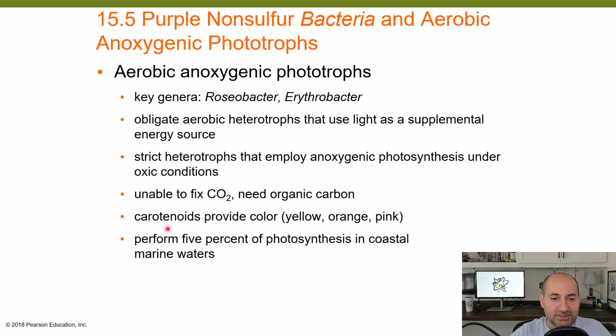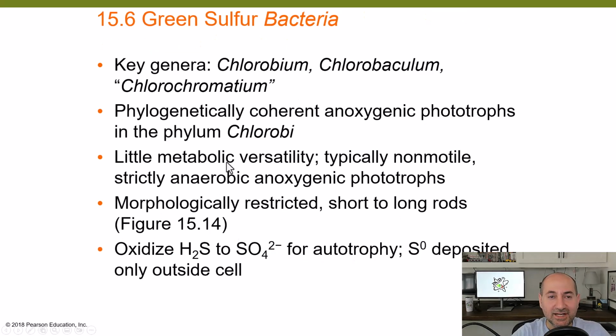Their carotenoids provide a yellow color, an orange color, even a pink color. And they perform 5% of the photosynthesis in coastal marine waters. Very interesting. Now moving on to the green sulfur bacteria. Here are some key genera.